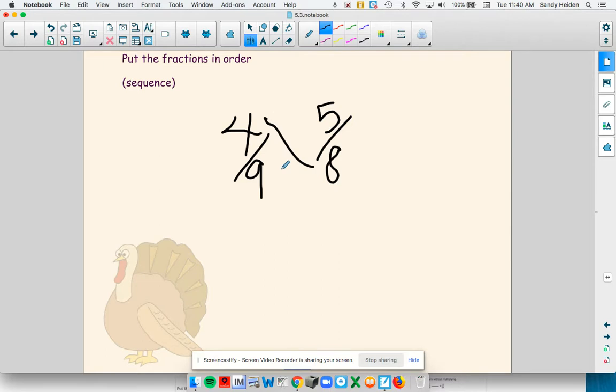Cross, cross, arrows pointing up. Follow and multiply. 8 times 4 is 32. 9 times 5 is 45. So 5/8 is bigger than 4/9 because 45 is bigger than 32.